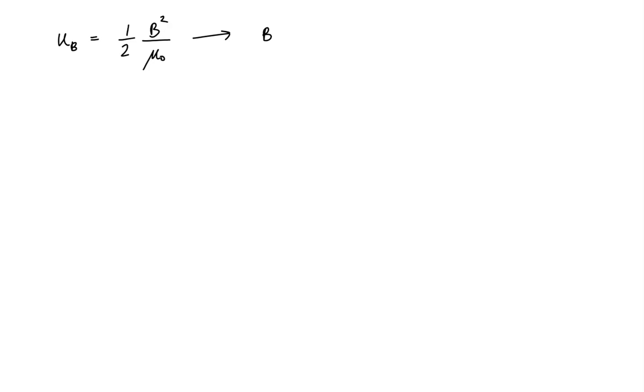We could rearrange this to isolate the magnetic field on one side of the equality. And when we do this, we get that the magnetic field is equal to the square root of 2 times the permeability of free space times the energy density of the magnetic field.